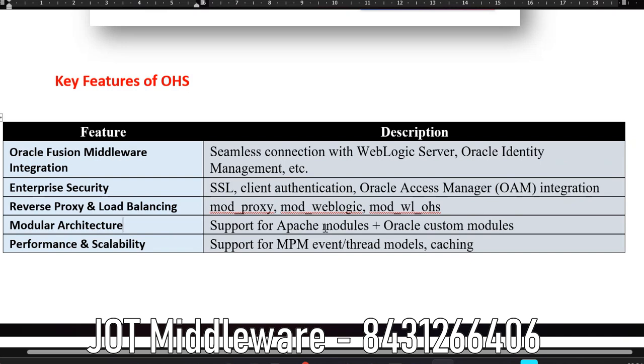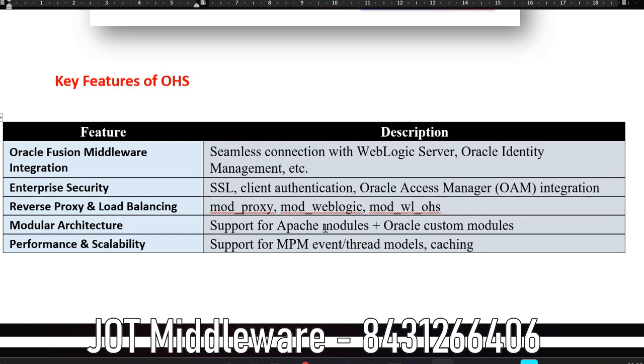You can load the logging module, you can load SSL, you can load caching. There are different modules provided for load balancing, like mod_proxy, mod_jk, and mod_cluster. All of these are different modules.